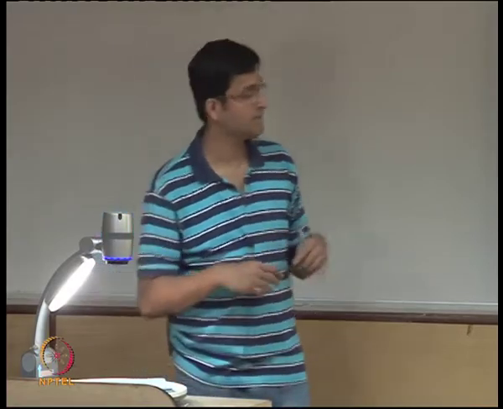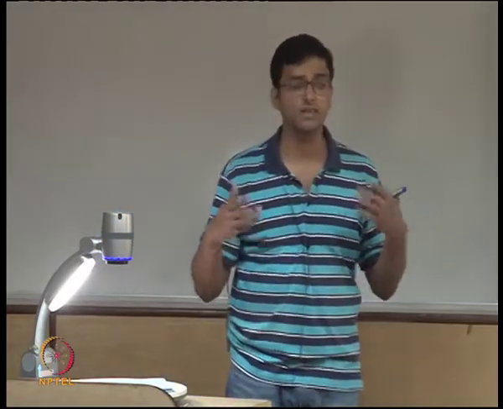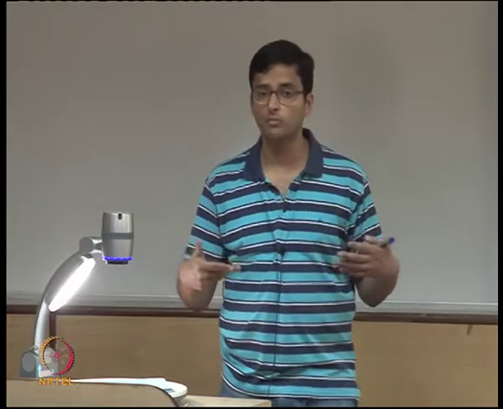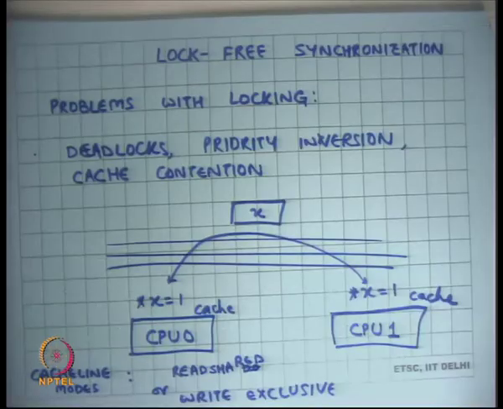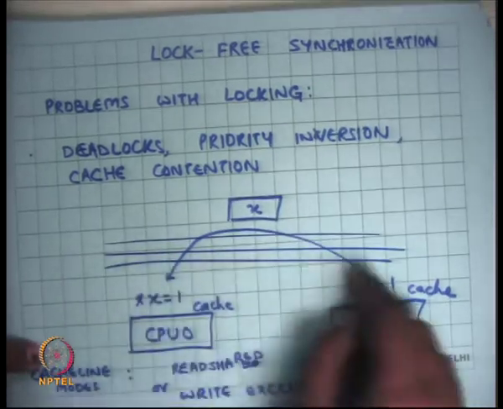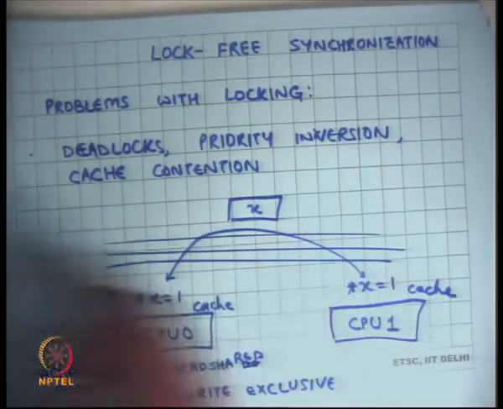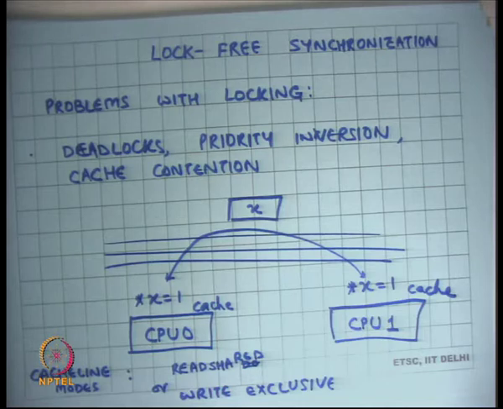And so what happens is if there are two CPUs which are accessing the same location in write mode, then there's a lot of cache line bouncing that's going on. And this cache line bouncing is not limited by the speed of the CPU, it's limited by the speed of the bus, right? At what rate can the bus do these transactions of cache line bouncing.